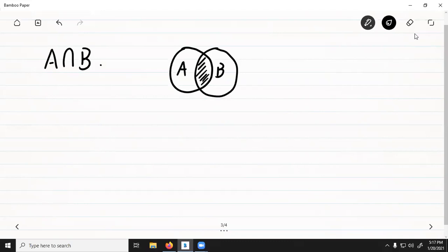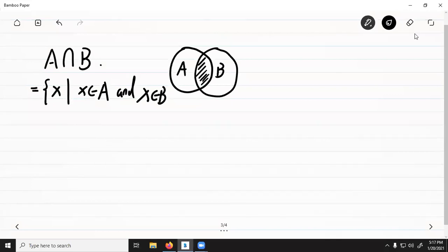If we use braces to describe the set, this would be the elements x such that x is an element in A, and x is also an element in B. This means the intersection.